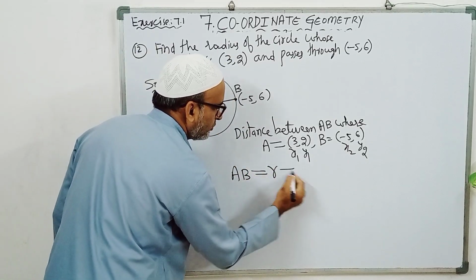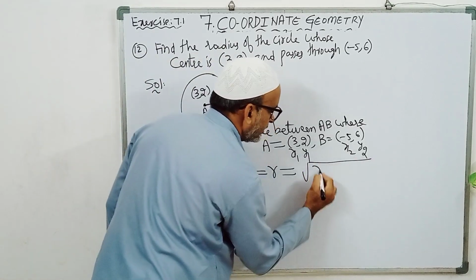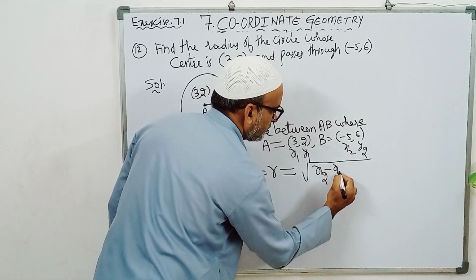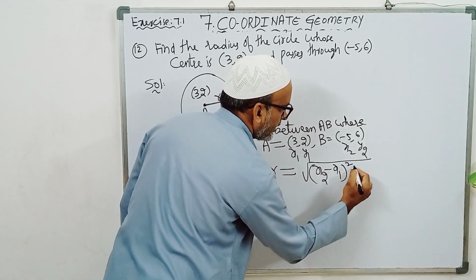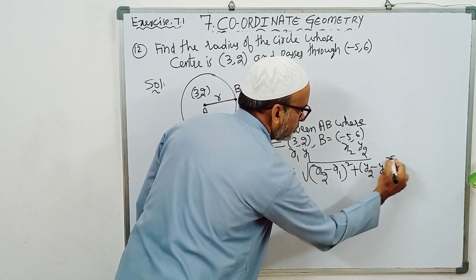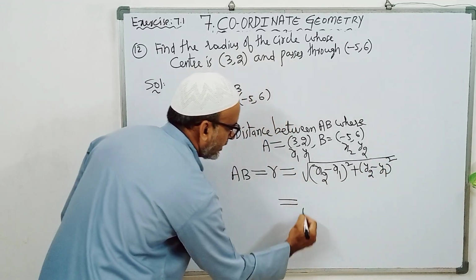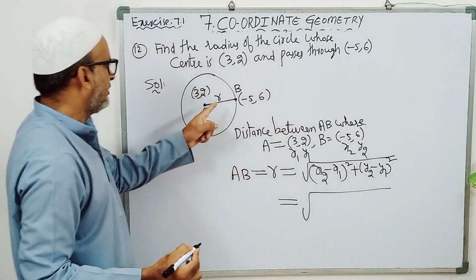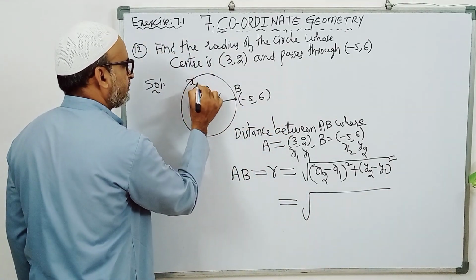AB is nothing but R, which is equal to square root of x2 minus x1 whole square plus y2 minus y1 whole square, is equal to square root of, naming you are done here. This is x1.